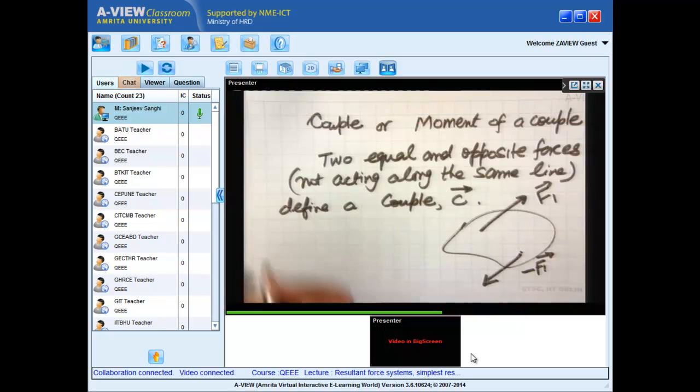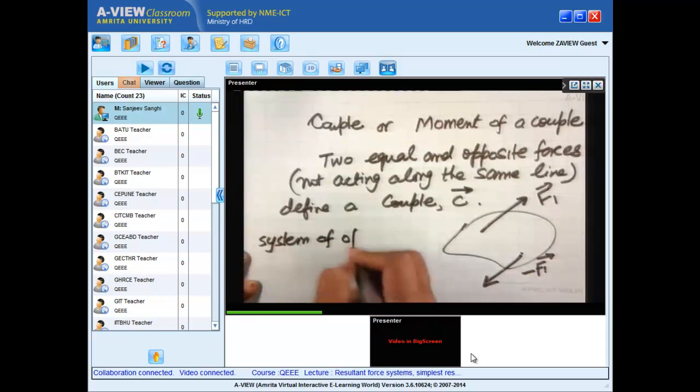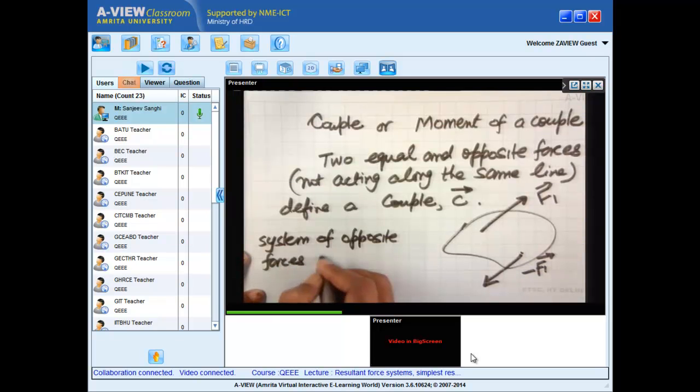Then this system of opposite forces acting on a body, this is what we call a couple.